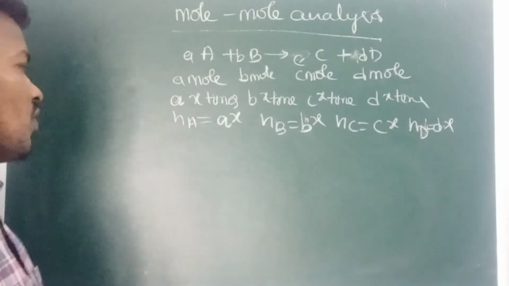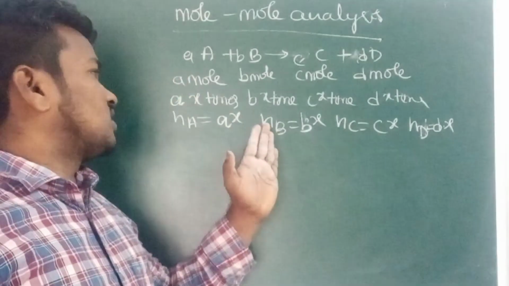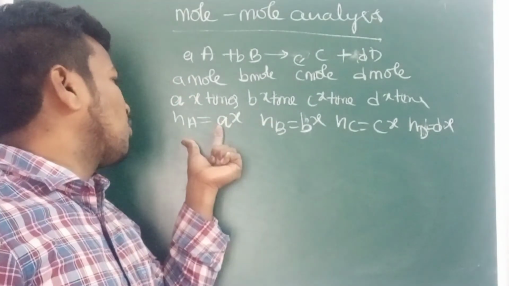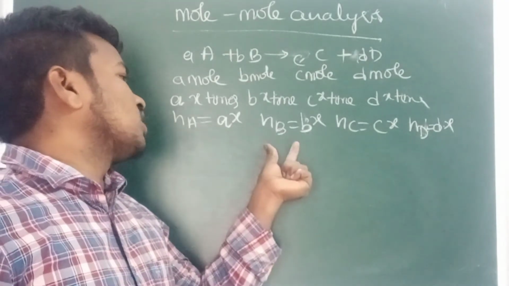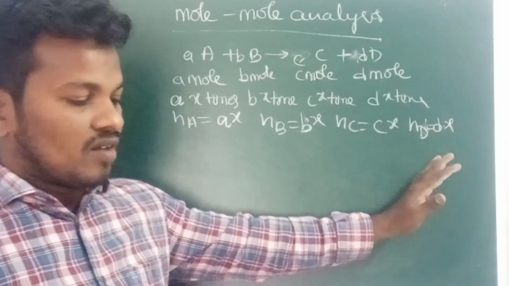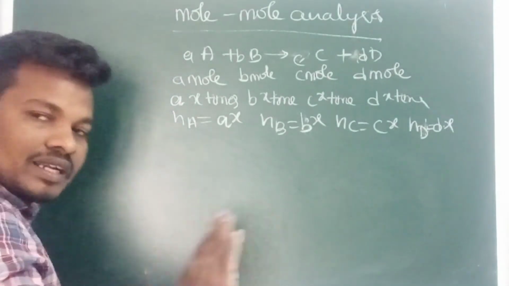For example, whatever the quantities, if the number of moles of A, number of moles of B, number of moles of C, and number of moles of D are not equal.